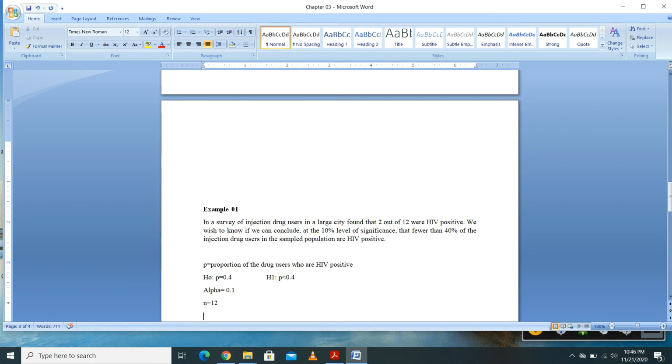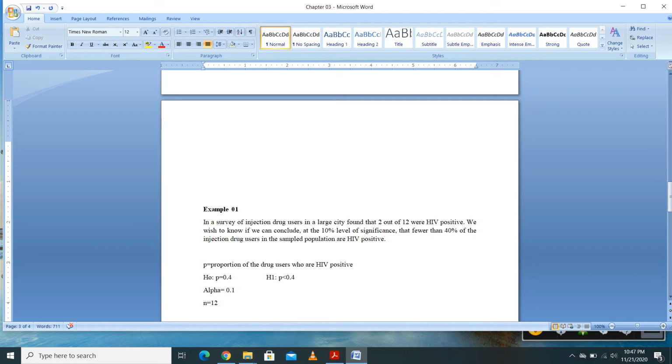So we know when you take a unit from out of these 12 observations, that one would be HIV positive or not. So that would be a success or a failure, right? And these people are independent from each other. So we can see all the characteristics of the binomial distribution. So that is when H naught is true.